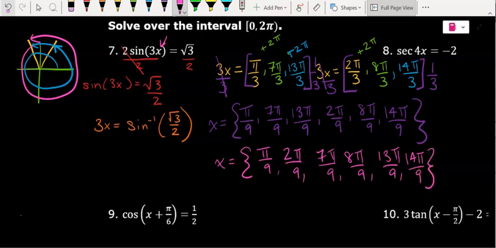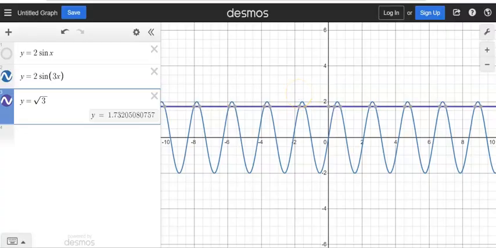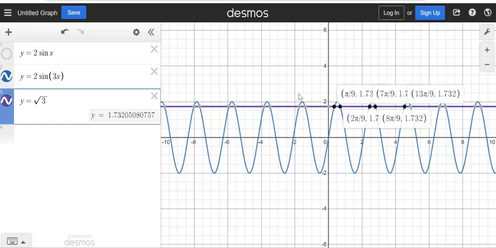So these are all of my solutions for x, and if I were to plug each one of these into this original equation, 2 sine 3x, that's going to get me the whole thing to equal square root 3, okay? And as we saw earlier, this is what we found: pi over 9, 2 pi over 9, 7 pi over 9, 8 pi over 9, 13 pi over 9, 14 pi over 9. Those are all of my answers between 0 and 2 pi.